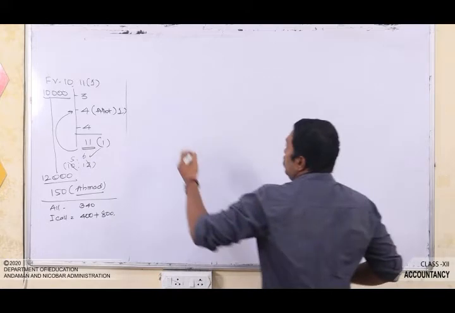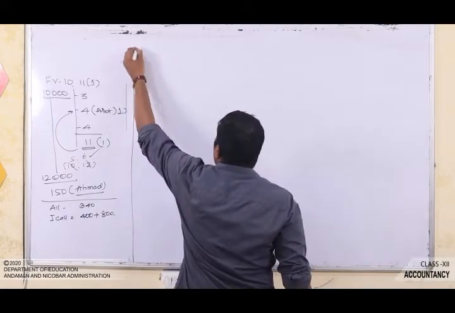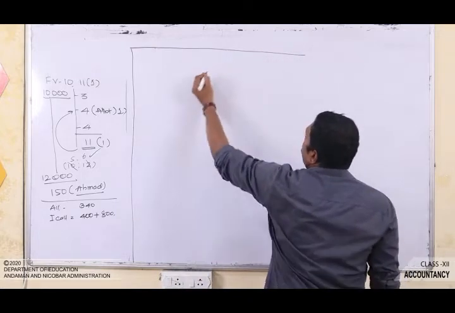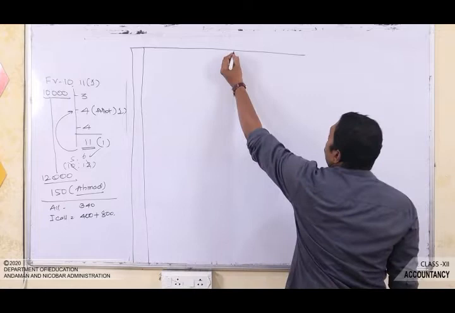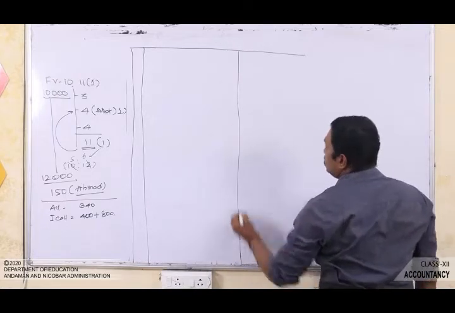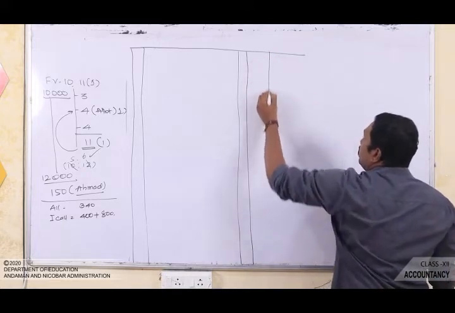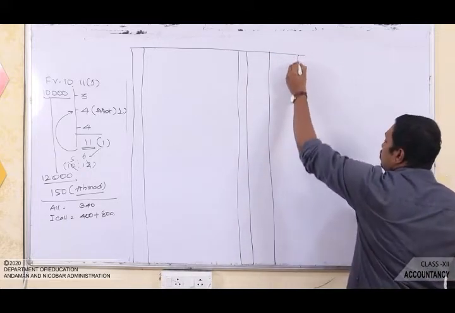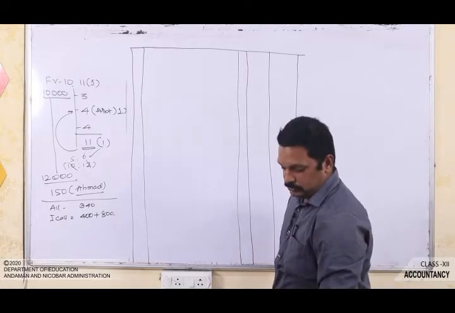So as usual, start with the journal entry: date, particulars, ledger folio, debit amount, credit amount.